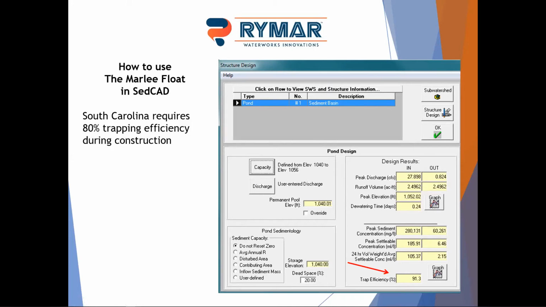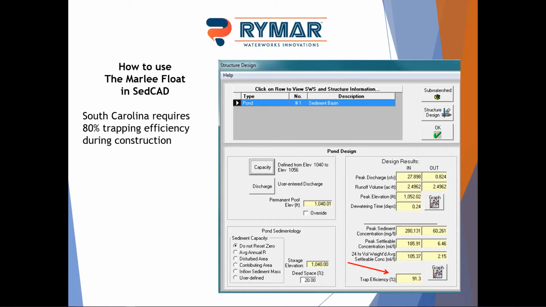Now I will mention in some areas, depending on the MS4 and depending on the reviewer, you may hit a 77, 78, 79% trapping, and you keep doing trial and error with your pond, and it's just hard to get it up to 80%.